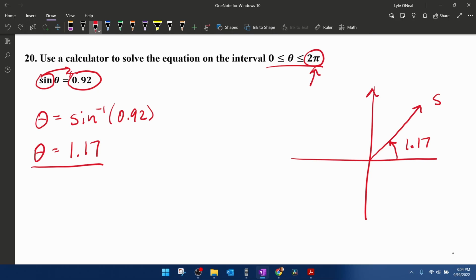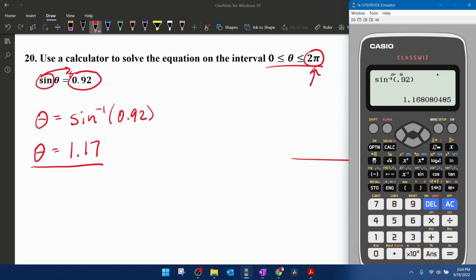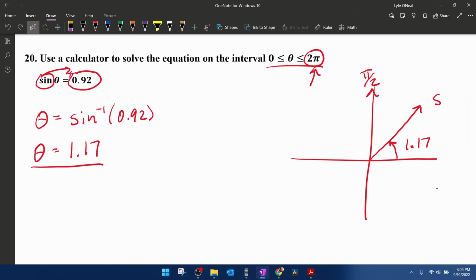Now I know that because this is pi over 2, and if we do pi divided by 2 as a decimal, that's 1.57. So this is approximately 1.57. 1.17 is less than that, so that puts that angle in quadrant 1. Remember I said that this number is positive.